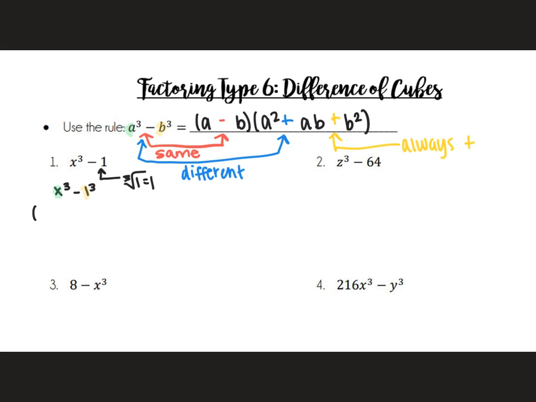So I have x minus 1, x squared plus x times 1 plus 1 squared. Again, I'm going to have to rewrite some things. So I have x minus 1, x squared. We typically write the coefficient in front of the number. Since it's 1x, I can really just put plus x. And lastly, 1 squared is 1.